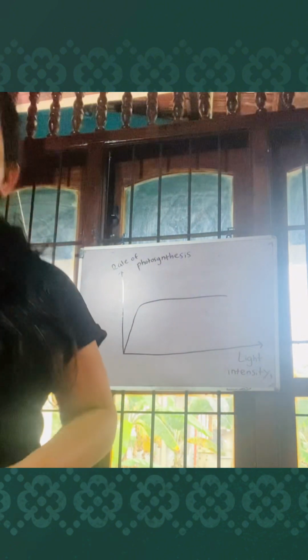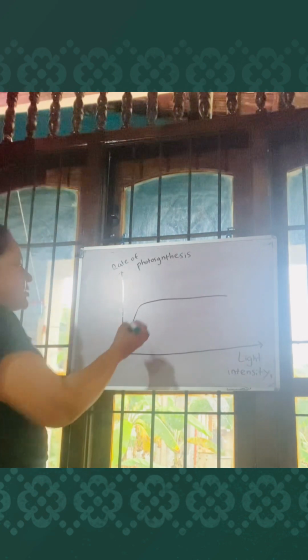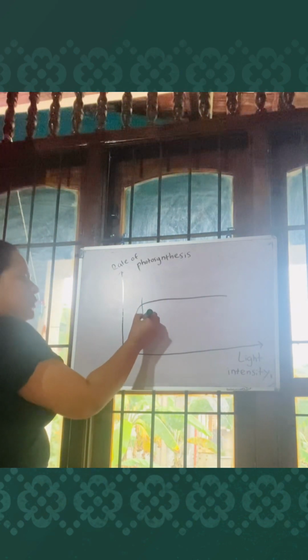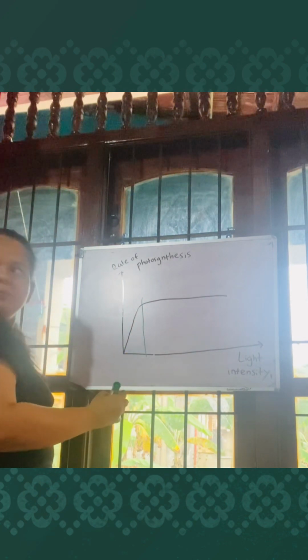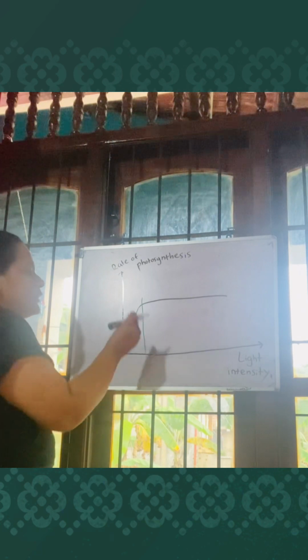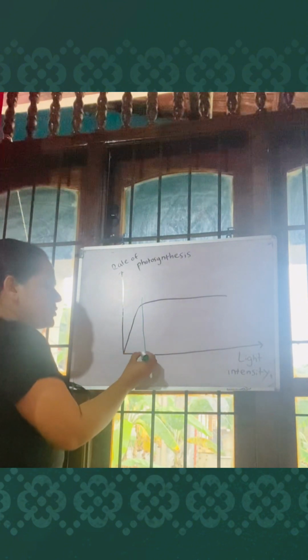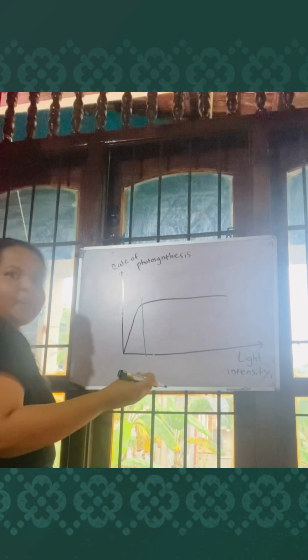Now you can see, up to this particular region, the rate of photosynthesis is directly proportional to the light intensity, isn't it? When the light intensity increases, the rate of photosynthesis also increases. Clear? But after that, what has happened?